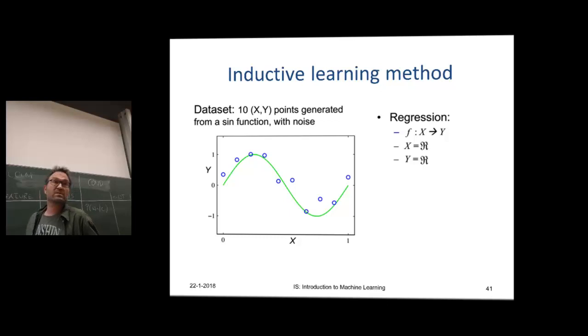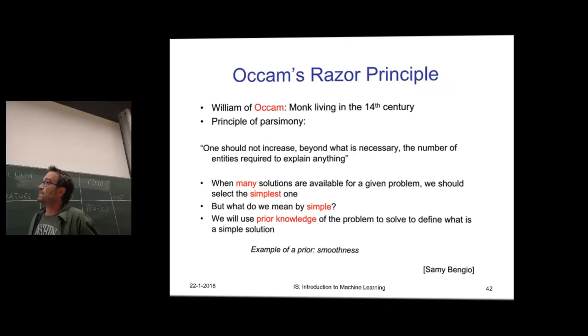I don't know what I wanted to say with this slide, but the point is that we usually want to find things that fit your curve as well as possible, while being as simple as possible and generic as possible. And that is a principle that goes back hundreds of years, and it's usually called the Occam's razor principle, after William of Occam, a monk living in the 14th century, and it really is the principle of parsimony.